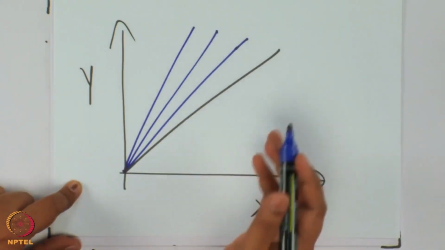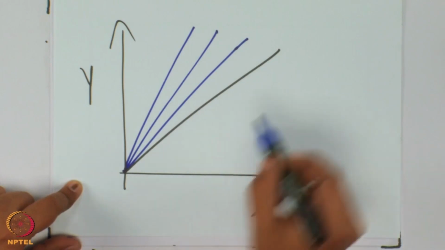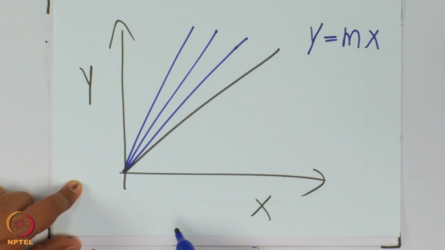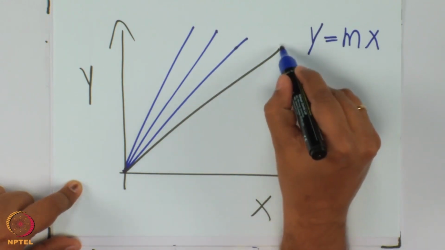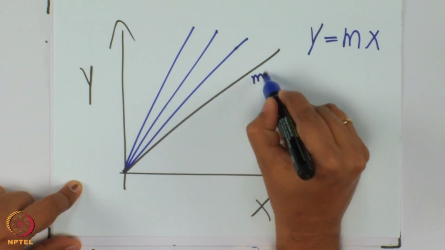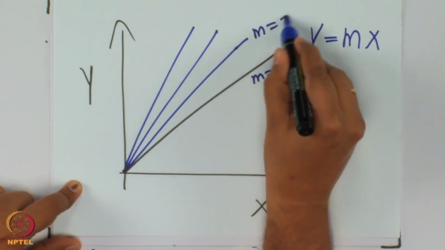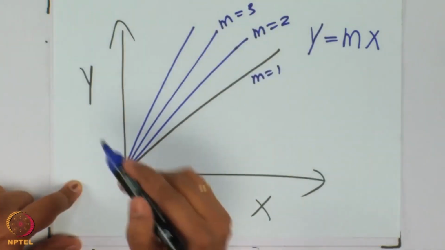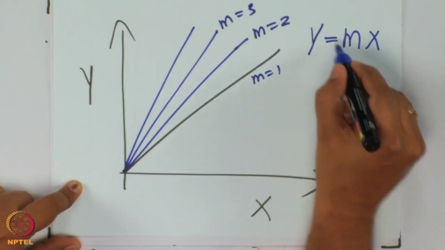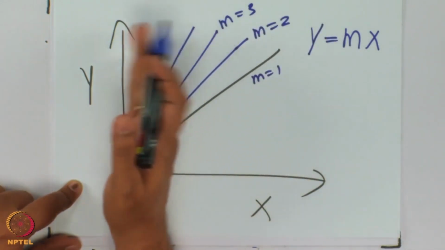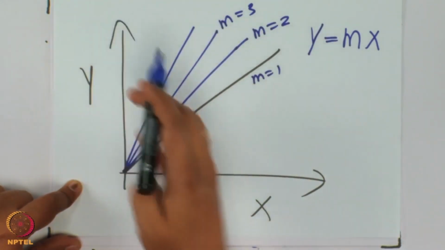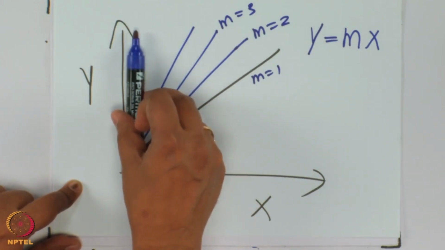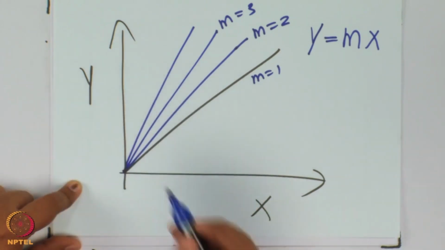So, as I increase, in general I can write y is equal to mx, right. So, this is m is equal to 1, m is equal to 2, m is equal to 3. That is y is equal to 3x, and so on. As m goes larger and larger, the line will tilt and become closer and closer to the y axis, right. So, think about what happens at the y axis.